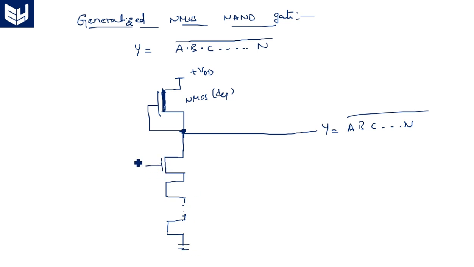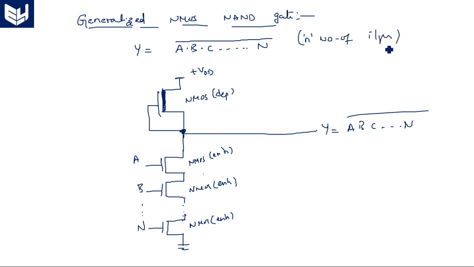So A, B, n number of inputs, and all these are enhancement mode NMOS transistors. So y is equal to A, B, C and so on, n bar, for n number of inputs. This is the generalized structure for an NMOS NAND gate.